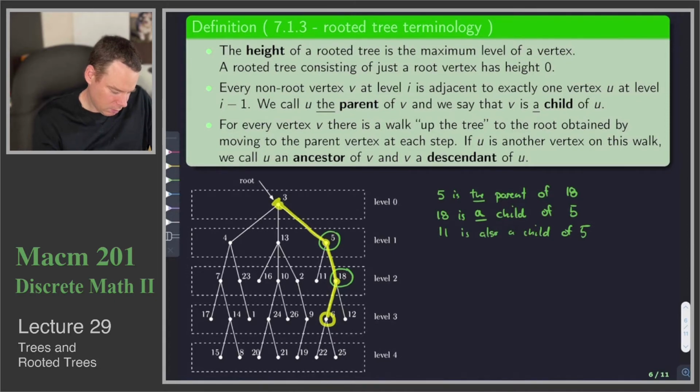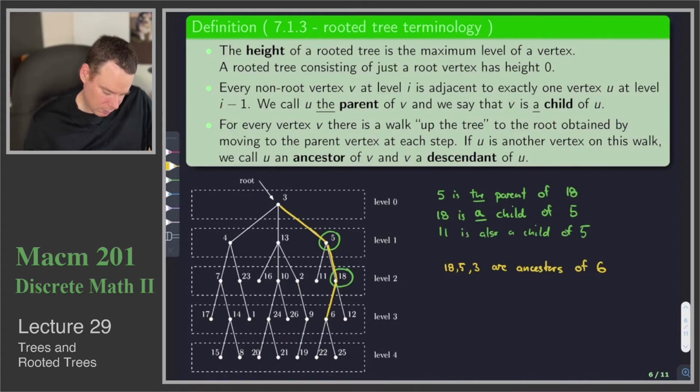Every vertex along this path that goes up to the root is called an ancestor of 6. Let's indicate this walk up from 6. So 18, 5, and 3 are ancestors of 6.